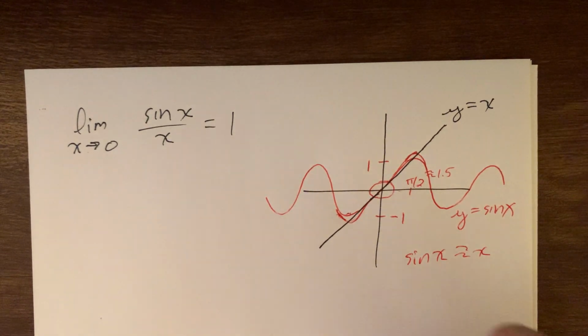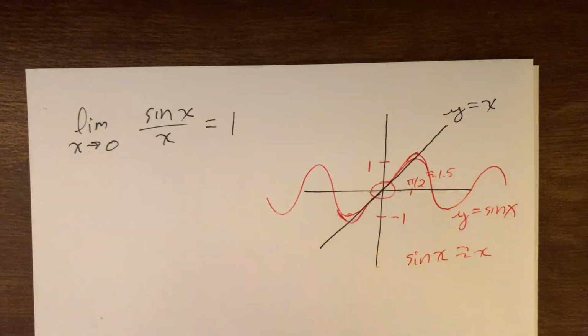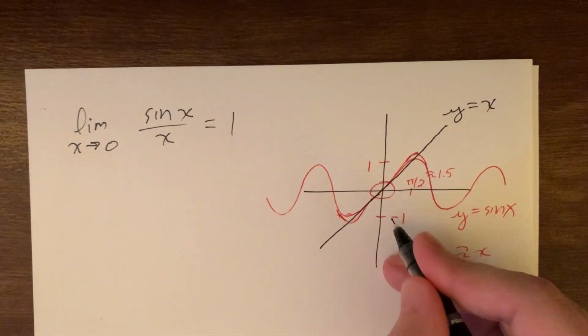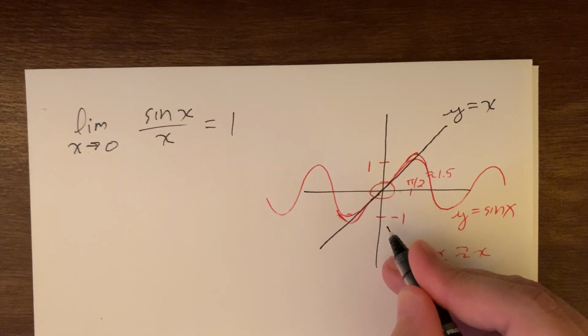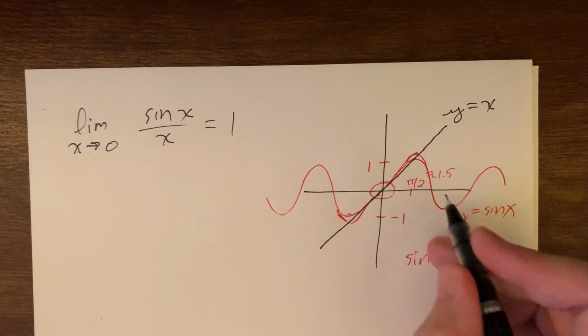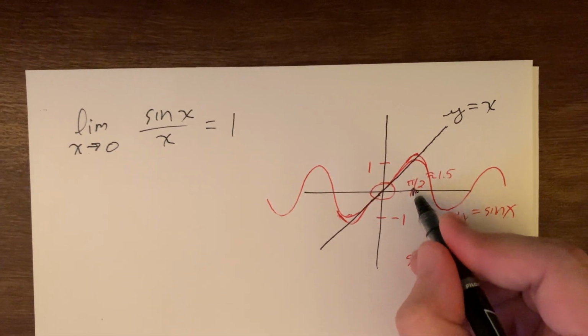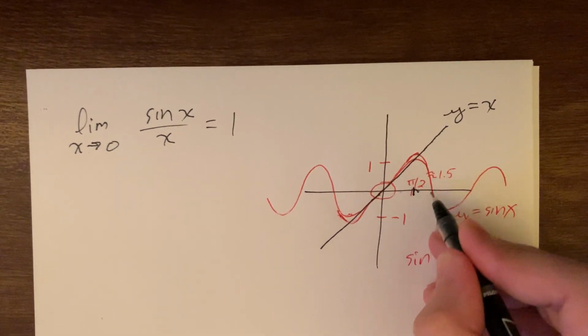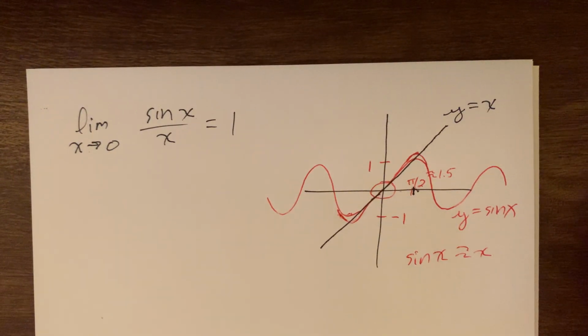And the second thing, the only reason that this worked is because I used radians. If I keep this scale, and if I do this in terms of degrees, I have to go out 90 degrees to get to this point. So here's x is 1, 2, 3, 4, 5. I got to get out to 90.